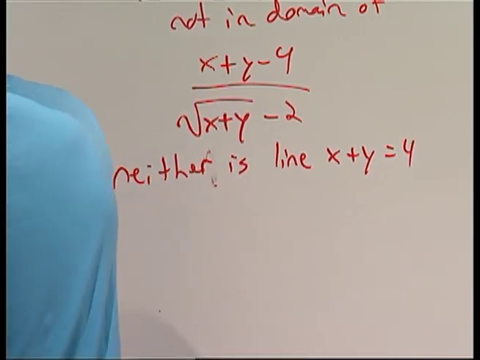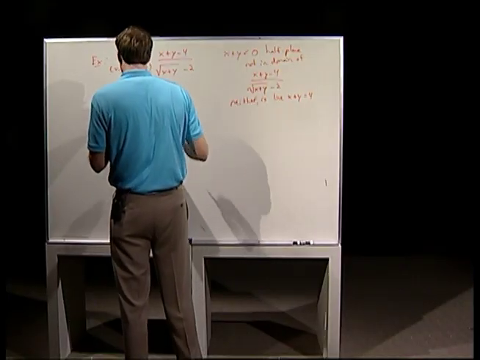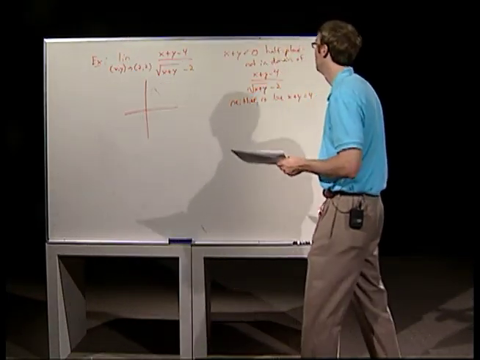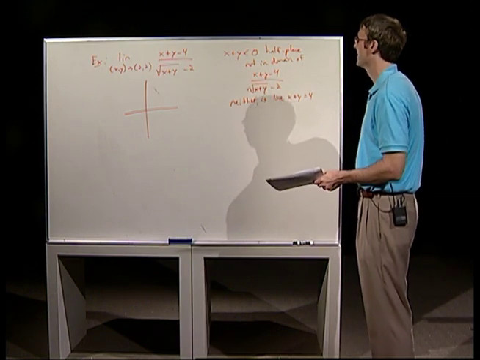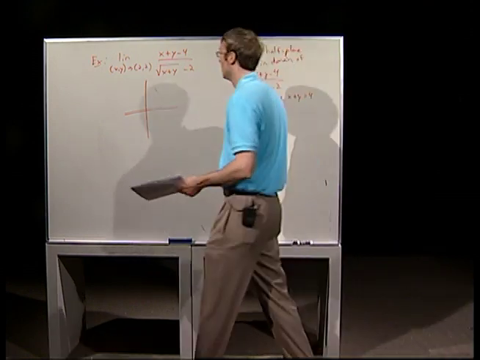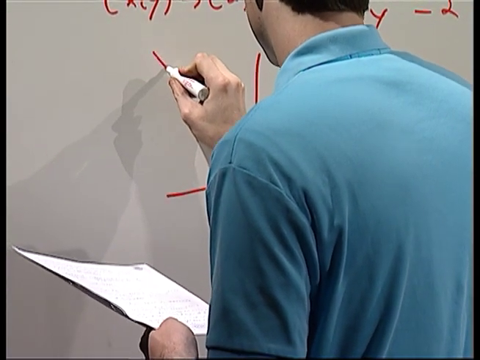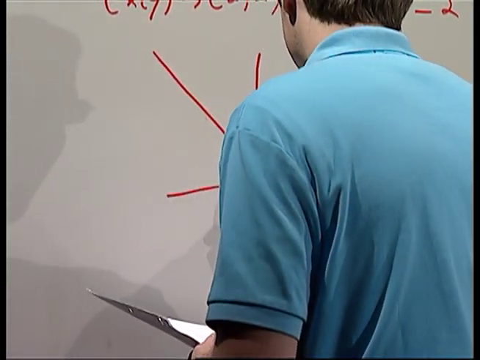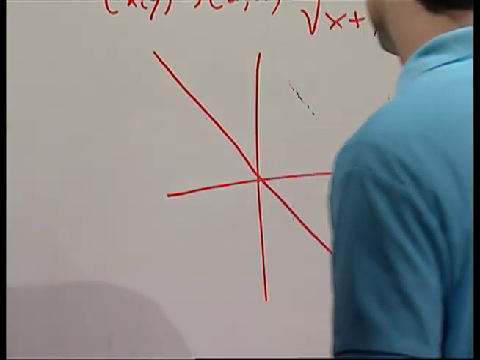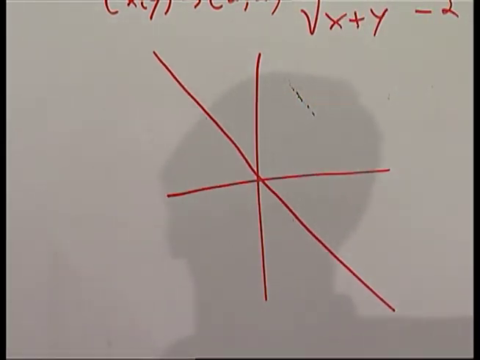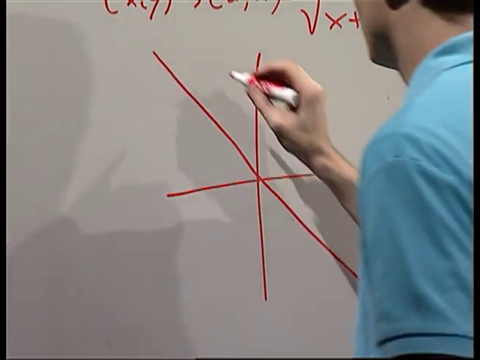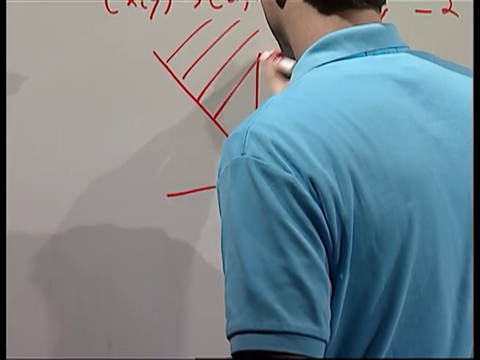So maybe you draw the picture here. x plus y is less than 0, so we cut out a half plane. y equals x is okay. That's a good part of the domain. And everybody over here is a good part of the domain too.